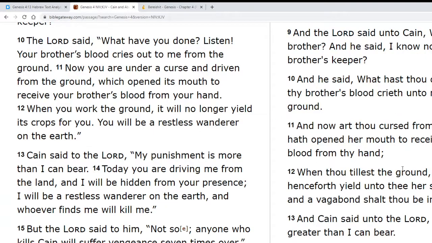Let's see how King James does it. Verse 13. And Cain said unto the Lord, my punishment is greater than I can bear. And NIV, Cain said to the Lord, my punishment is more than I can bear.